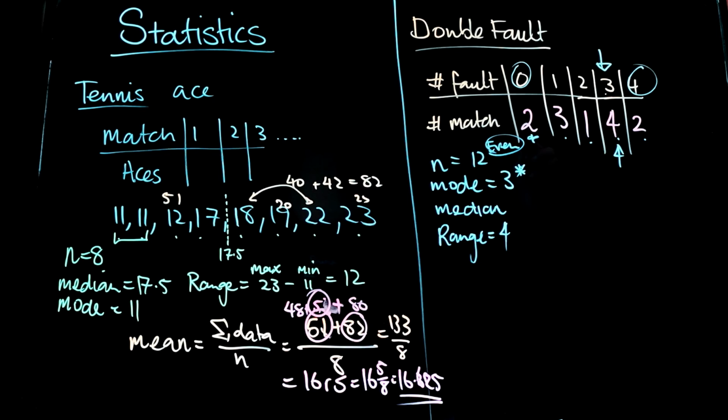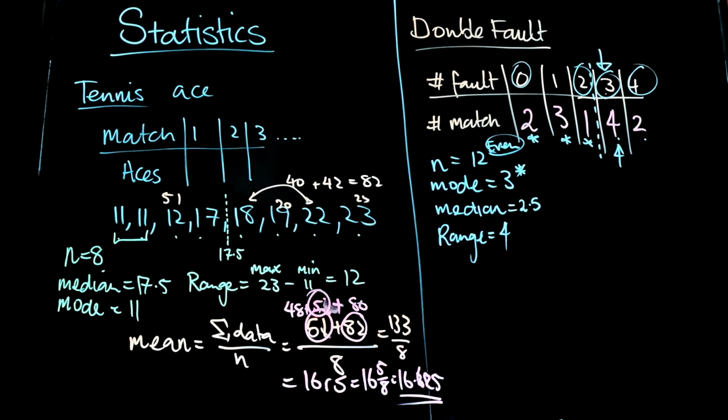That's easy enough to do. There's 2, there's 5 matches, there's a 6th. And so the median has to be in the middle here. And remember, we're talking about the number of double faults here. So the median number of double faults per match is 2.5.